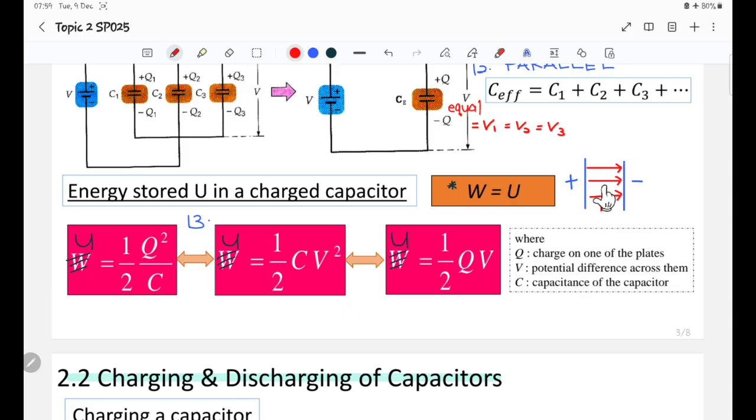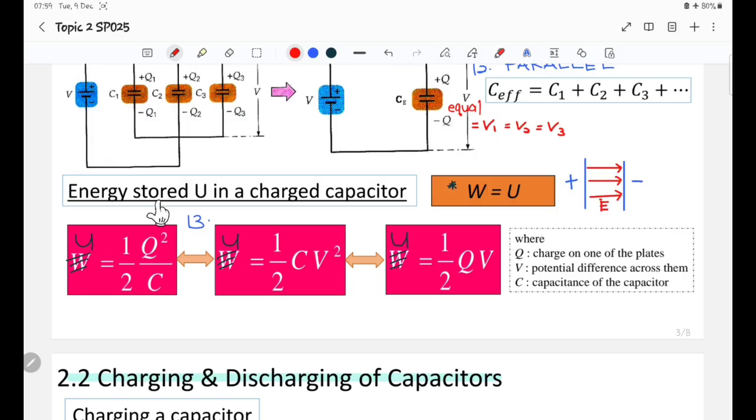So cara dia menyimpan energy tu adalah through dia punya electric field. Okay, so we do not know how it looks lah, kan? Obviously we could not see all these tiny particles, but that is how the energy is being stored, okay, dalam electric field dia.